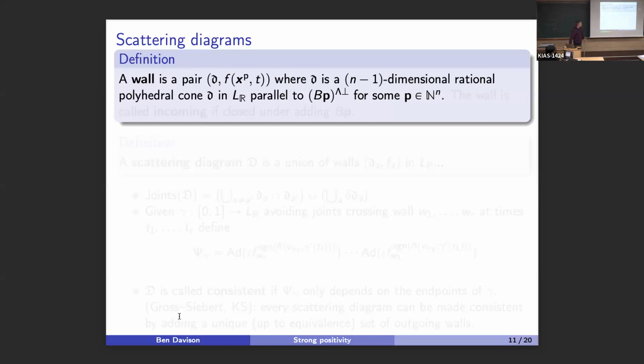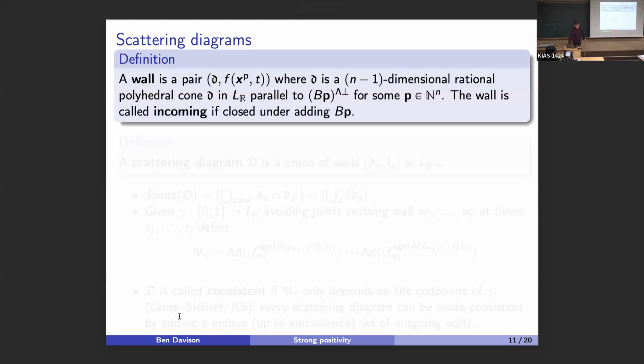So these are like hyperplanes, but with some bits missing, because I don't ask for the whole hyperplane to be in my wall, but just some rational polyhedral cone lodged inside this hyperplane. And it's called incoming if closed under adding BP.